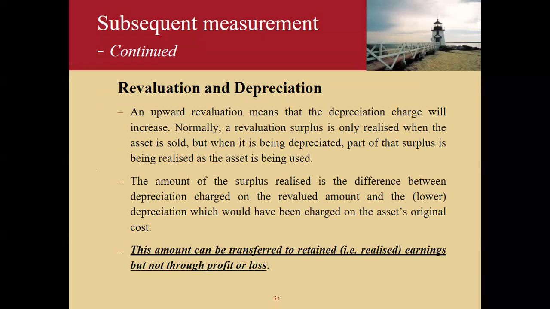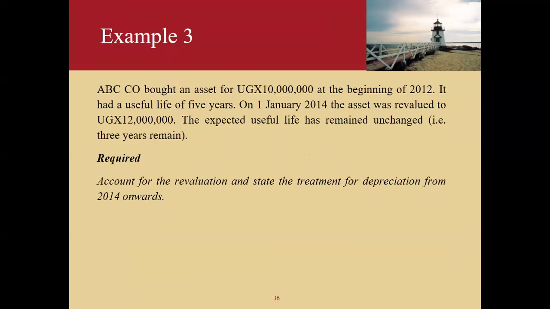The amount of the surplus realized is the difference between depreciation charged on the revalued amount and the lower depreciation which would have been charged on the asset's original cost. This amount can be transferred to retained, i.e. realized earnings, but not through profit or loss. So we are going to look at an example of that quickly.